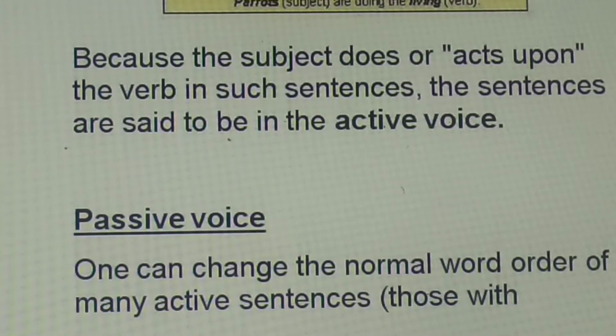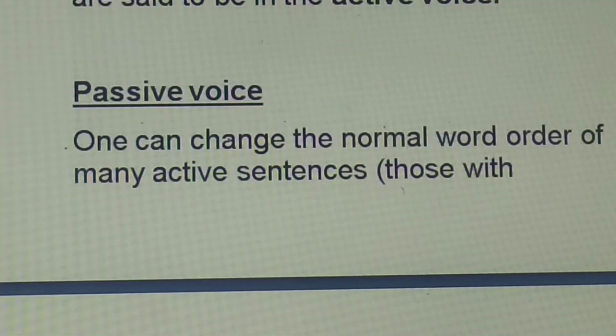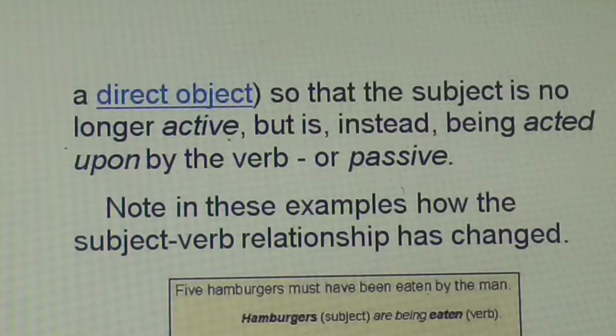Passive voice. One can change the normal word order of many active sentences, those with a direct object, so that the subject is no longer active but is instead being acted upon by the verb, or passive.